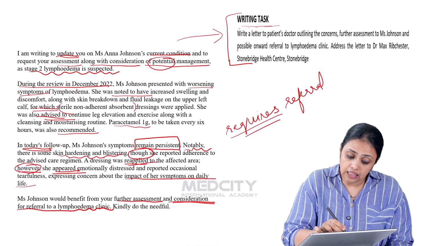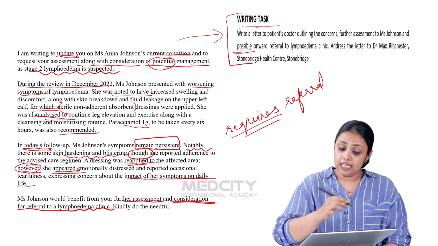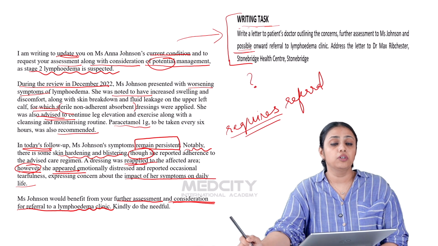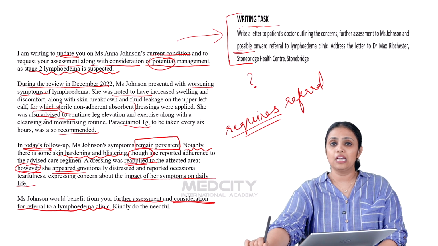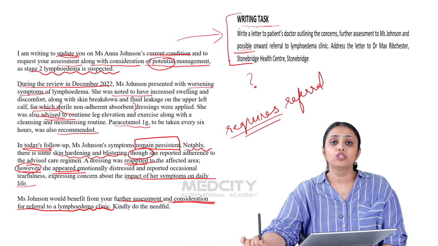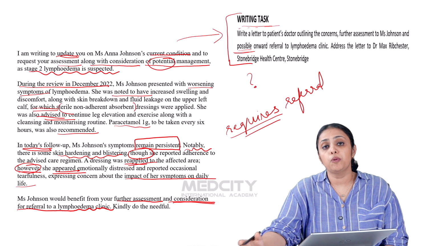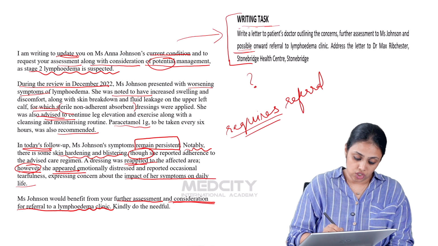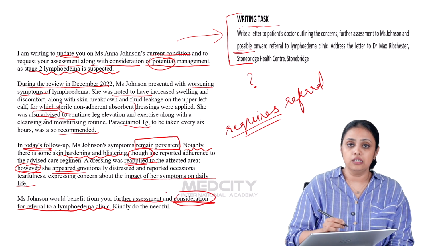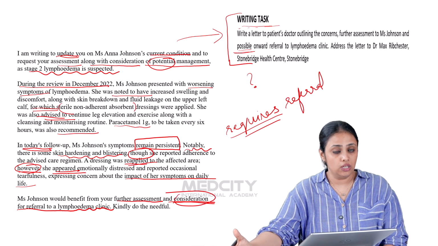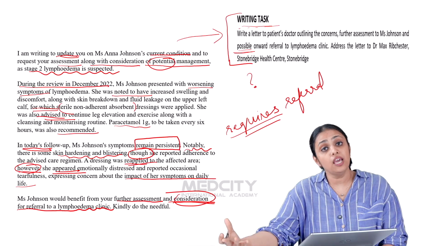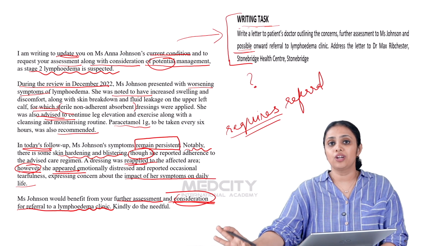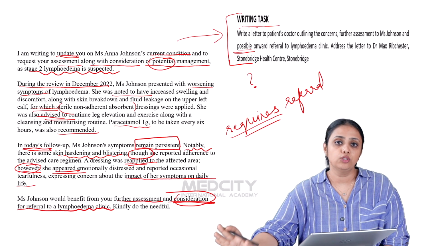It is given in the writing task as possible, and even in the case note a question mark has been mentioned before onward referral to lymphedema clinic, which means it's up to the doctor to assess and decide whether a possible onward referral is needed or not. So definitely you have to mention words like consider the need for a referral to a lymphedema clinic, or she may require a referral to onward lymphedema clinic. Please don't write it as she requires referral to lymphedema clinic.